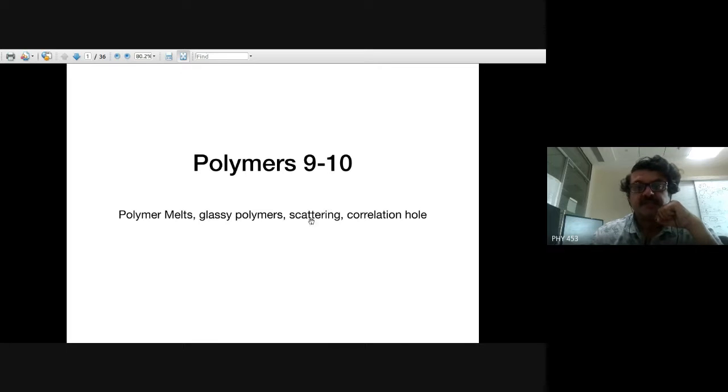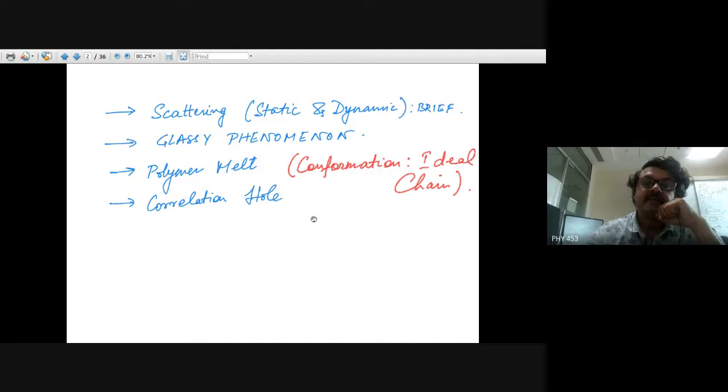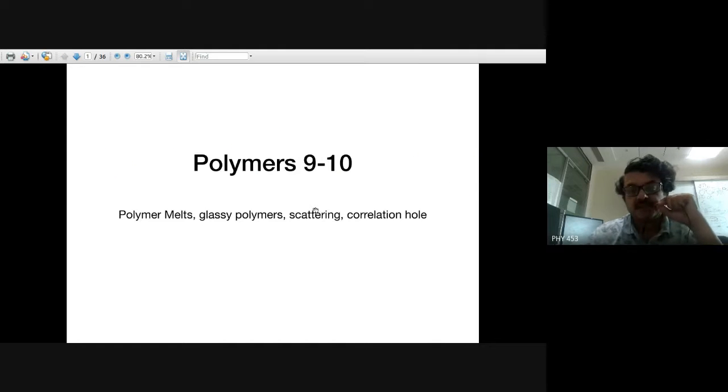And that I should introduce through the idea of scattering. The scattering physics is also used to figure out how an individual polymer chain in a melt is organized, right?